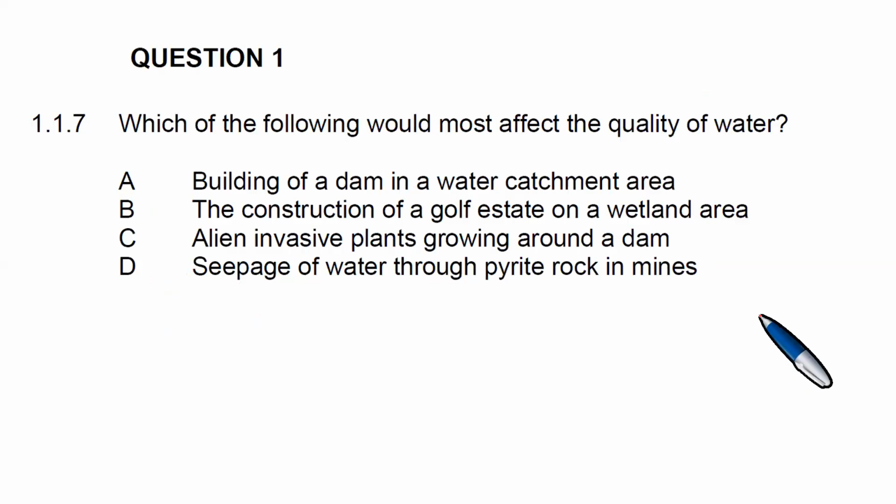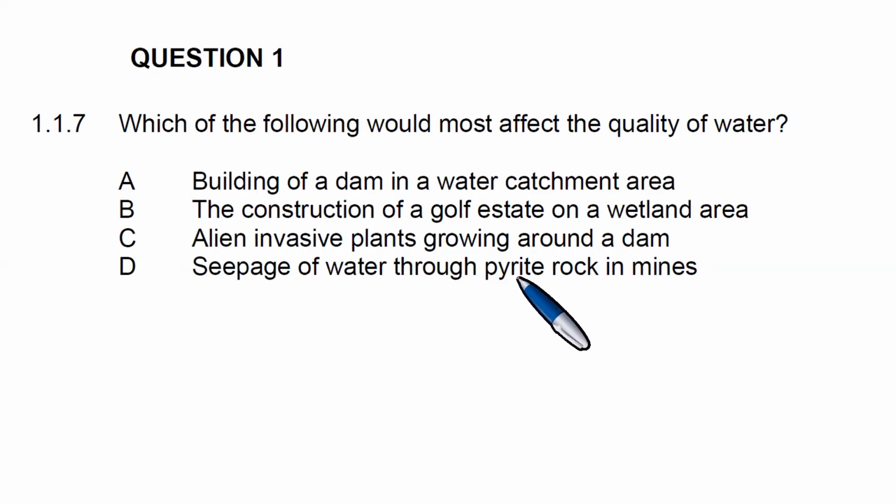Okay, which of the following would most affect the quality of water? Building of a dam in a water catchment area, the construction of a golf estate on a wetland area, the alien invasive plants growing around a dam, seepage of water through pyrite rock in mines.